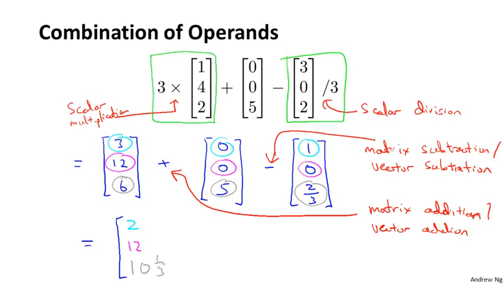And I'm going to close my square bracket. And so this gives me a 3 by 1 matrix, which is also just called a 3-dimensional vector, which is the outcome of this calculation over here. So that's how you add and subtract matrices and vectors and multiply them by scalars, or by real numbers.